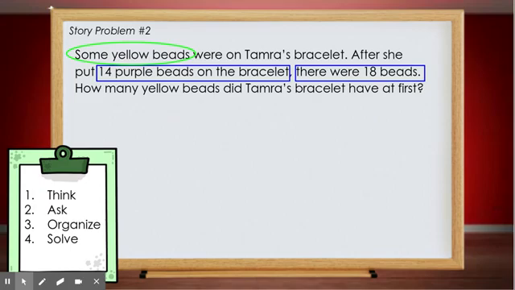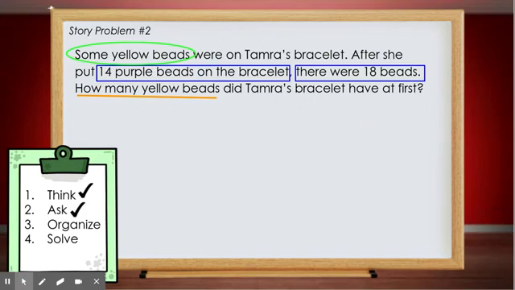I also know that at the end, Tamara's bracelet had 18 beads altogether. What is this problem asking us for? It is asking how many yellow beads Tamara's bracelet had at first. So just like we circled the unknown yellow beads, that's exactly what the problem is asking us to find.